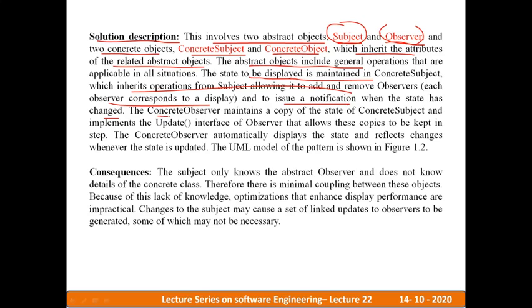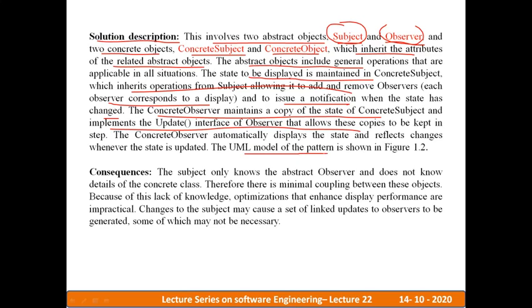The concrete observer maintains a copy of the state of the concrete subject and implements the update interface of the observer that allows these copies to be kept in step. The concrete observer automatically displays the state and reflects changes whenever the state is updated.